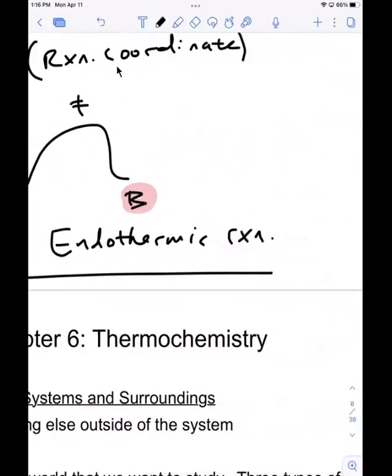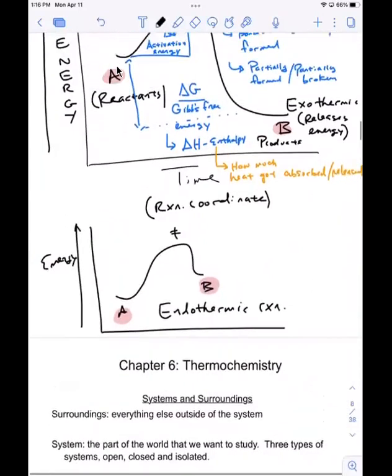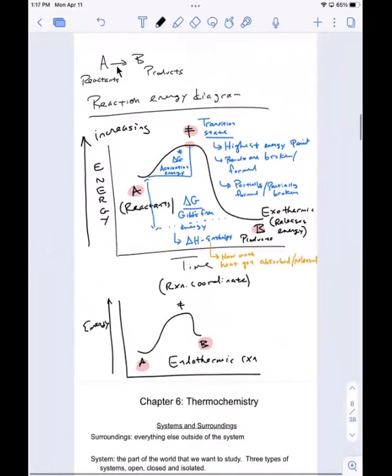All right. So with that being said, let's talk about how all this stuff ties together, how delta H, not really going to talk about delta G today, but we're going to talk about delta H, with respect to the products and the reactants and how much energy is released or how much energy is absorbed and whether or not the reaction is exothermic or endothermic.